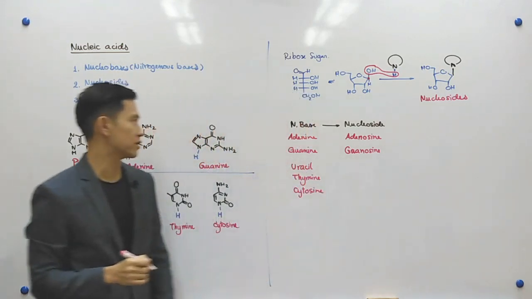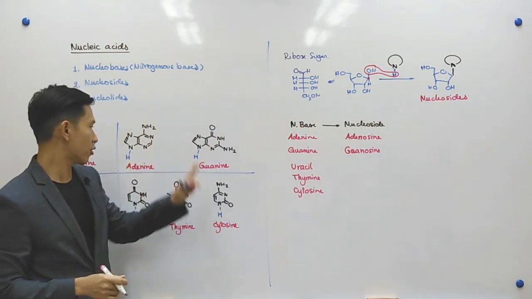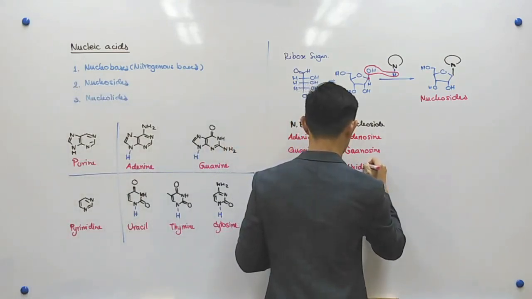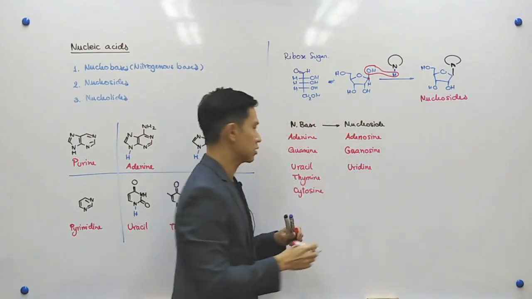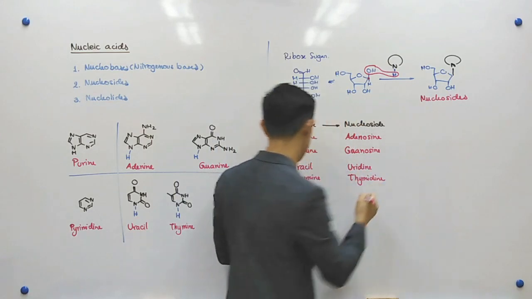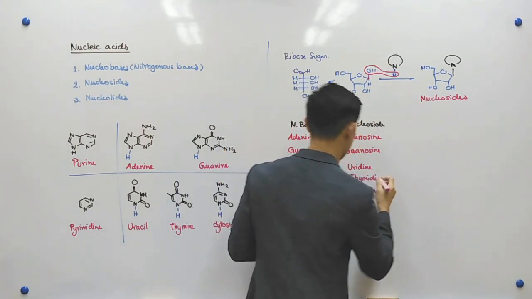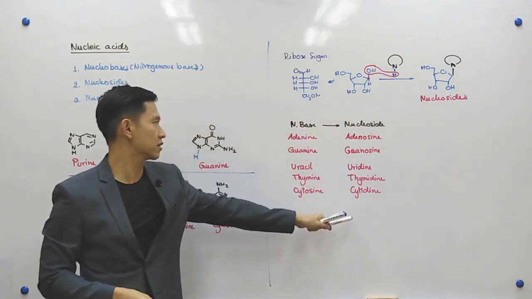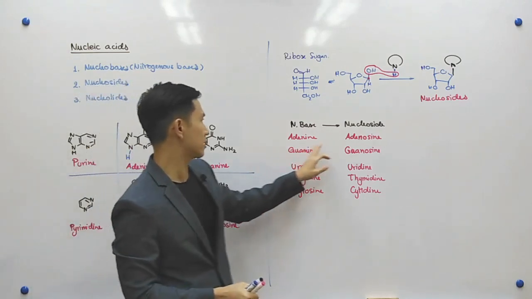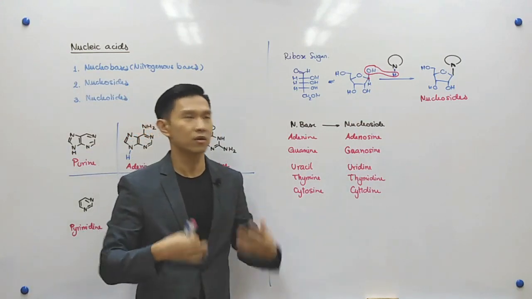The way we name them is different from the purine system. For your pyrimidine, uracil will be uridine, thymine will be thymidine, and cytosine will be cytidine. Okay. You end with dine for the pyrimidine structure, and you end with nosine for the purine structure. So that's all about the name.